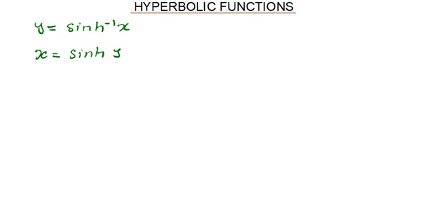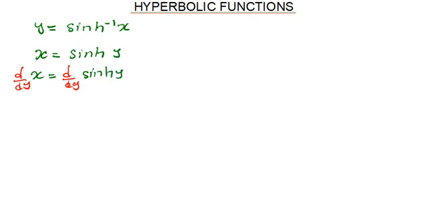So instead of having dy dx or d dx, I'm going to have d dy. d dy of x, and d dy of hyperbolic sine of y.